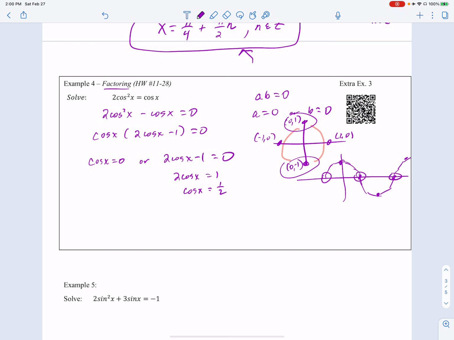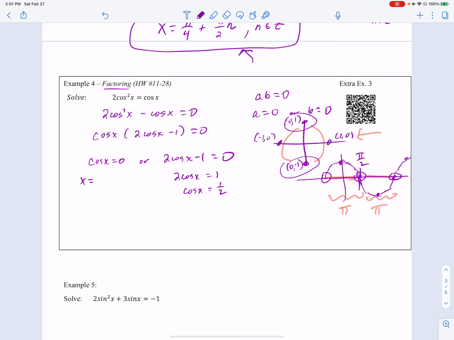Every time it hits 0, there's a distance between them. This distance is pi. This distance is pi. That's that same idea that I'm trying to show up here. So cosine hits 0 starting at this value, which is pi halves, and then every pi units thereafter.